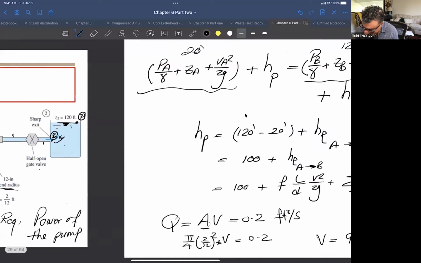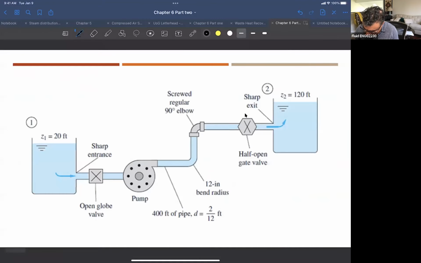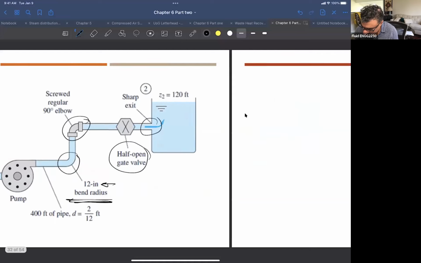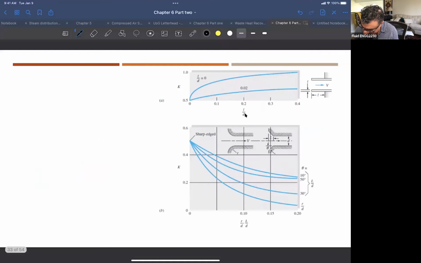So you will see here: the sharp entrance first, and then the globe valve, and then the long radius elbow, because this is a 12-inch bend radius, then a short radius elbow, a half open gate valve, and then the sharp exit. Okay, so we'll just go into them one by one.